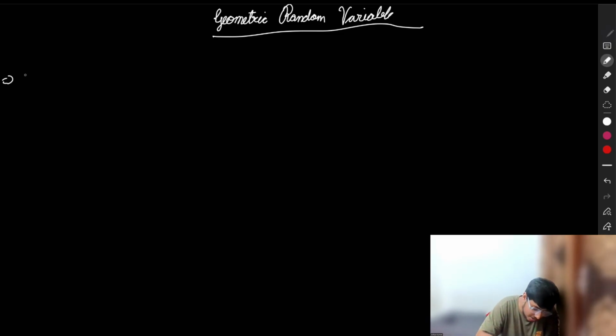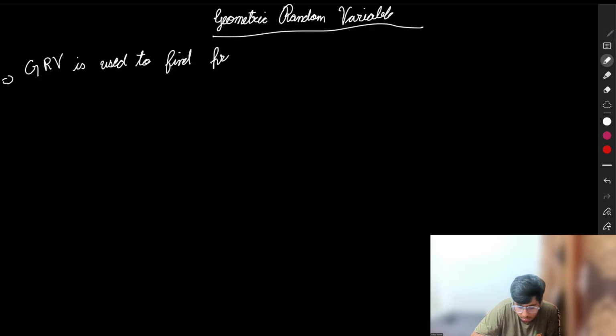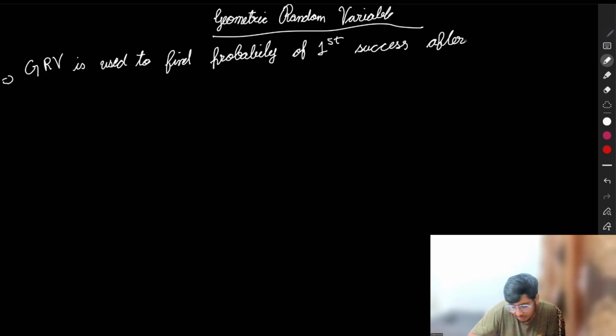So the geometric random variable, GRV as a short form, is used to find the probability of first success after n tries. Trials. Just don't mind the spellings.